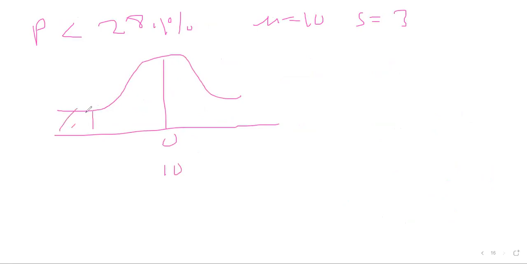So if we cut off the what? 28.1. So what remains this side? 28.1 from 100. What is remaining? Or 1 minus 0.281.